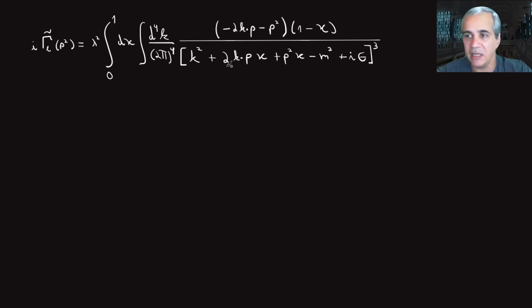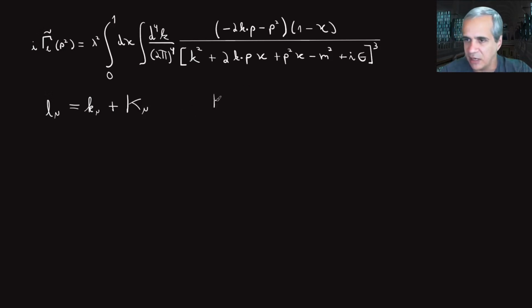And that means that I can complete the squares here to make this dependent only on some power of some variable squared. I can do that by a change of variables. I can invent some L mu, which is K mu plus something. And I can find what this needs to be in order to eliminate this cross term between K and P, and have something that is a complete square in L. That's pretty easy to do.